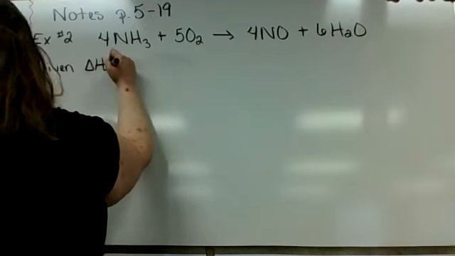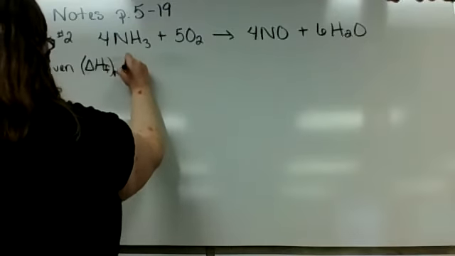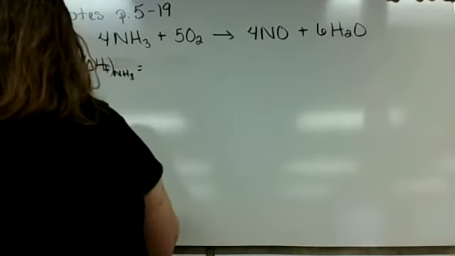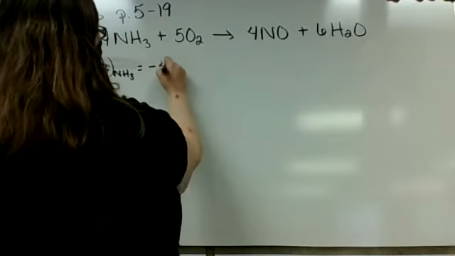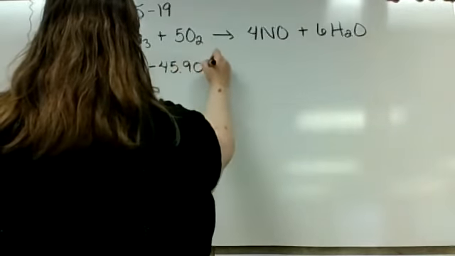Delta HF of NH3 is negative 45.90 kilojoules.